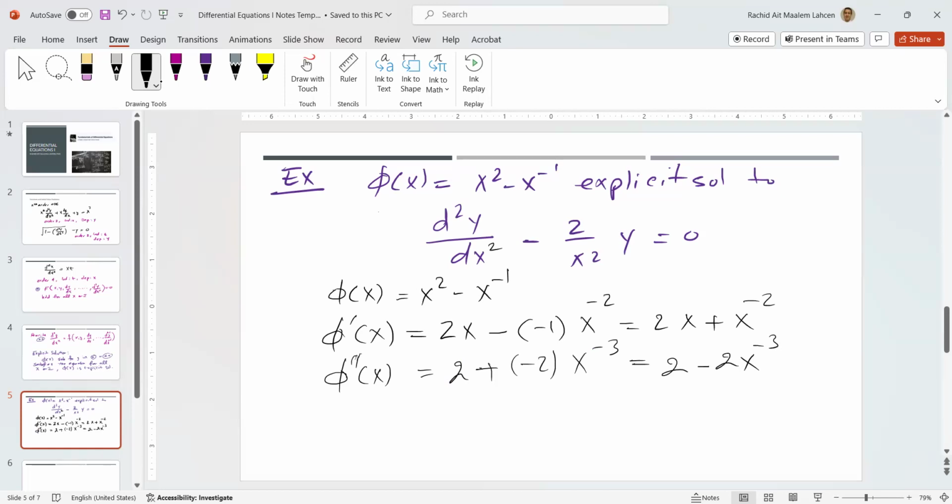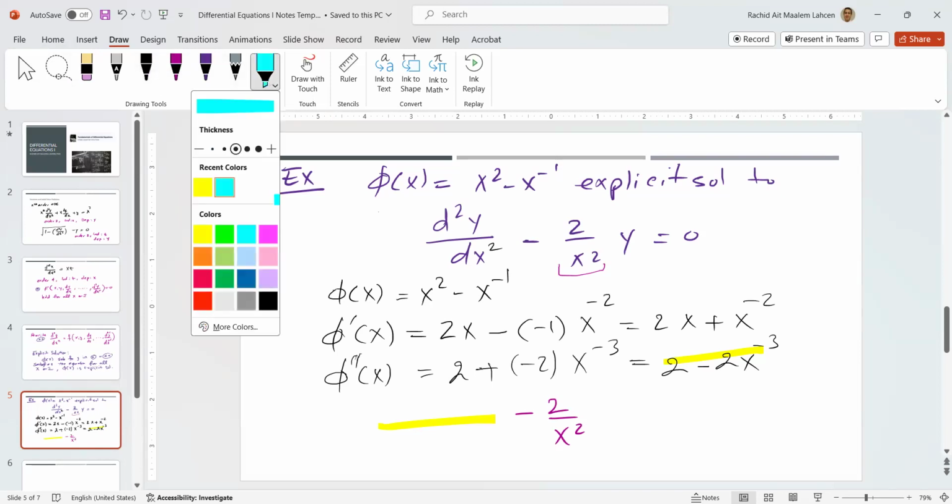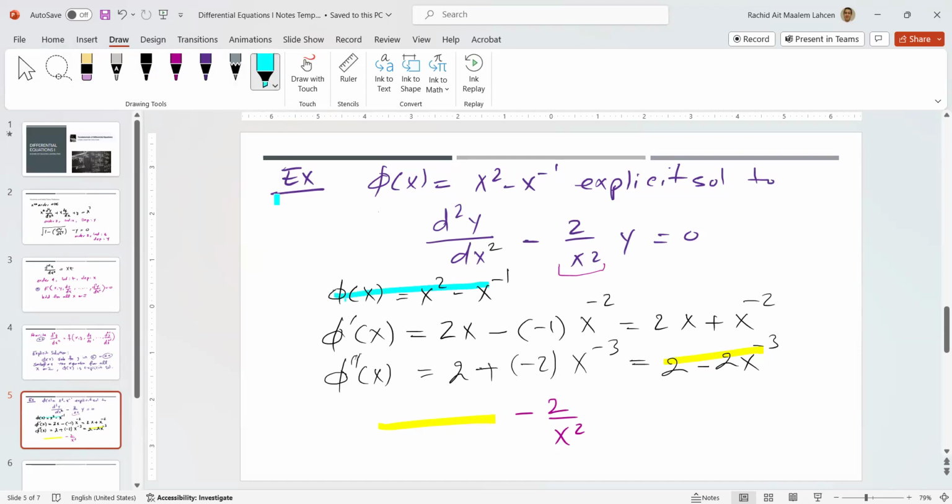Let's see if this works. This is the second derivative, then minus 2 over x squared, which is this part, times y, which is now the function that we're testing.